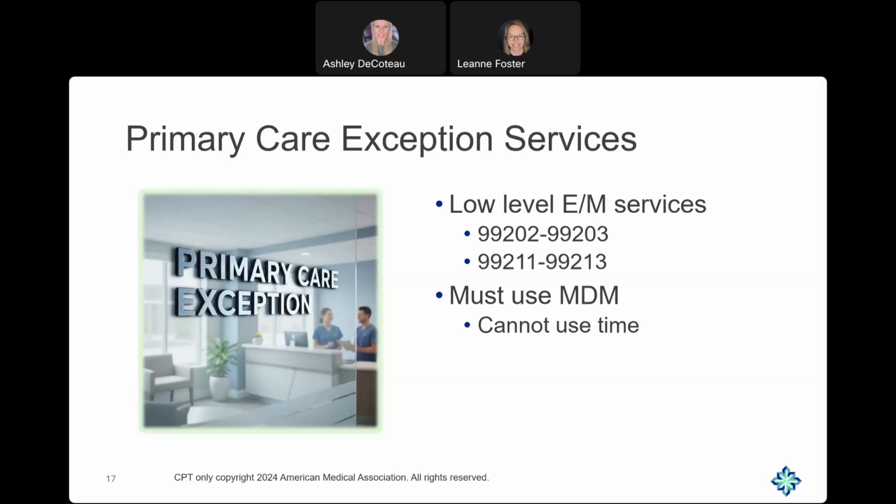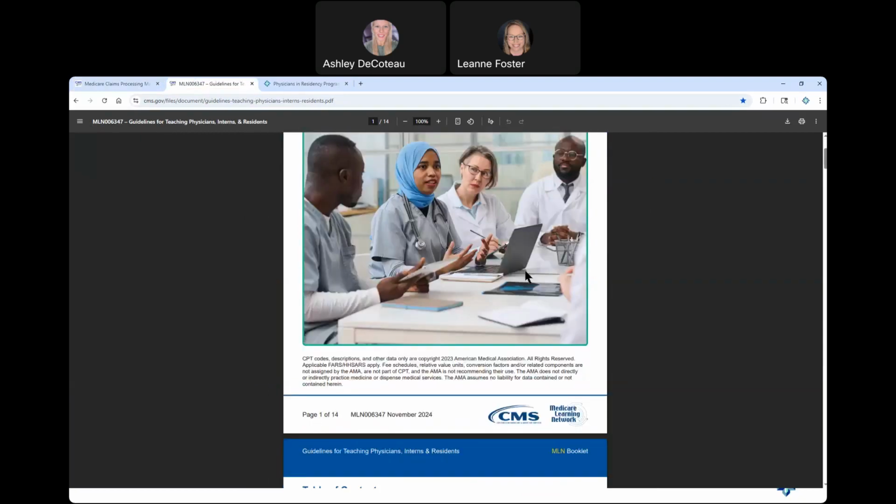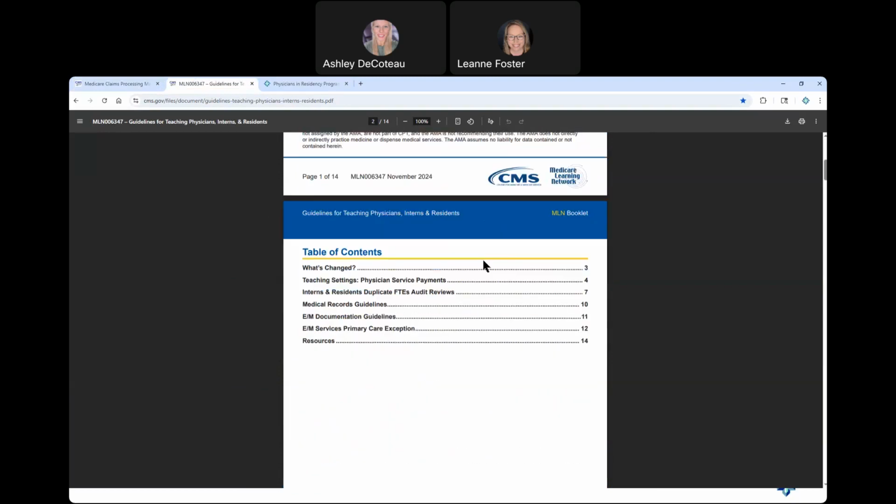There is another resource that I'd like to show you for the primary care exception, which is the CMS MLN booklet on guidelines for teaching physicians, interns, and residents, which is also linked on the resource slide. So I've opened that MLN booklet, and I'm going to scroll down to the second page where I'll find this table of contents.